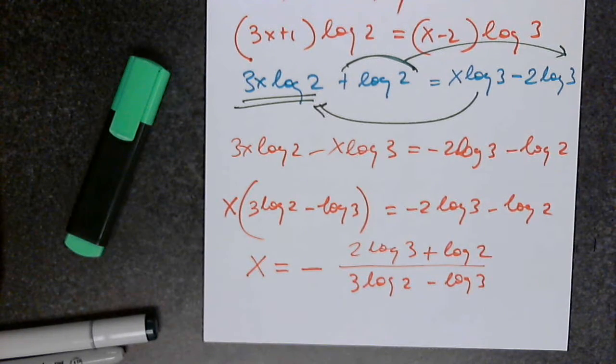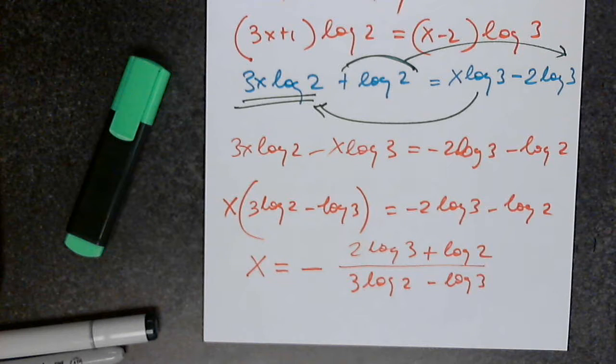If you want to approximate this, you have to be very careful. You need parentheses around the top, and parentheses around the denominator. Let's put the minus in front first, and then parentheses around the top: 2 log 3, don't forget parentheses around the 3, plus log 2.